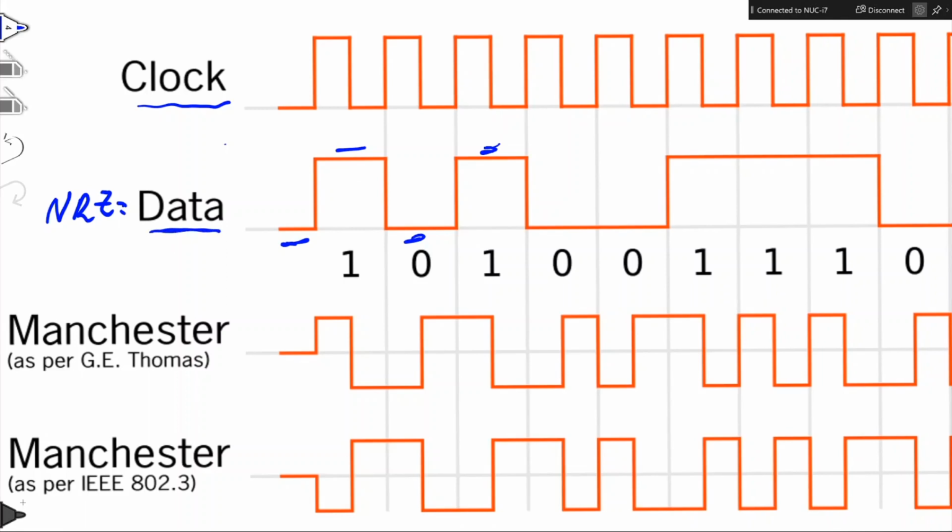Here is one of those examples of why data communications is often so confusing. Because here you will see 2 examples of Manchester. If you look at the 2, you will see that they are essentially mirror images of one another. So let's look at the IEEE version.